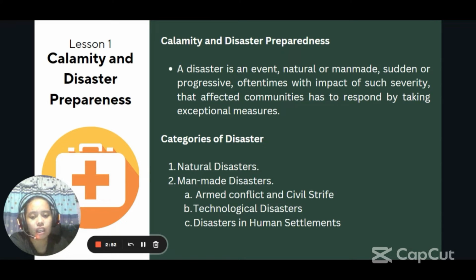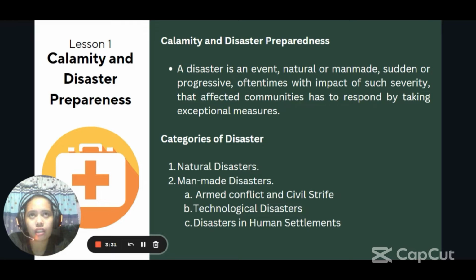So una tani, armed conflict and civil strifes. Disaster management is concerned with a variety of issues related to armed conflicts and civil strifes, such as protection and assistance provided to displaced people and refugees throughout the conflict, as well as the physical and economic reconstruction, as well as social rehabilitation following the conflict.